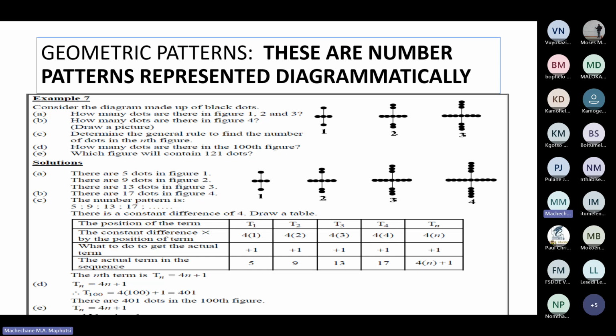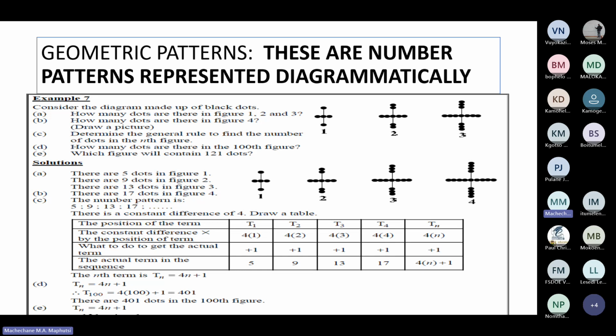We see that we have some patterns. If you attach the number to pattern number 1, you will see that in term 1, as you check there, every figure has a constant difference of 4.